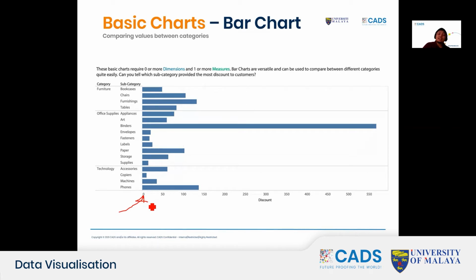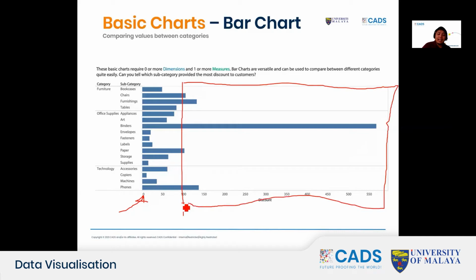You cannot skip up to 100 and only present the upper part of the bar chart. In that case, you are misrepresenting your data, because the value in a bar chart is represented by the length of the bar.